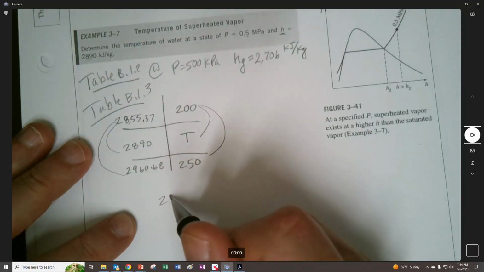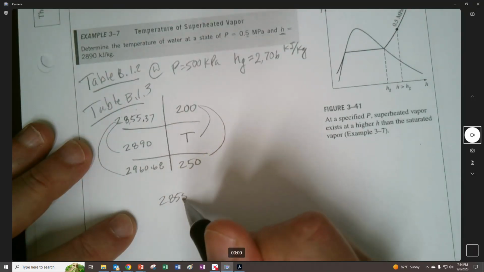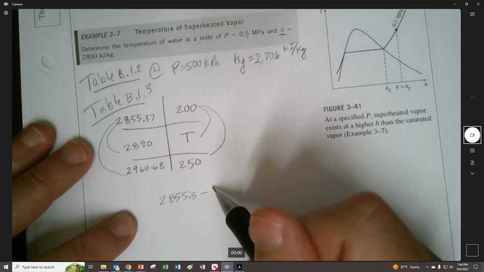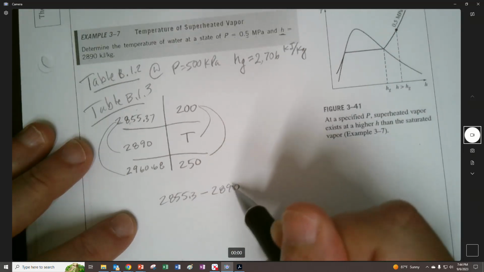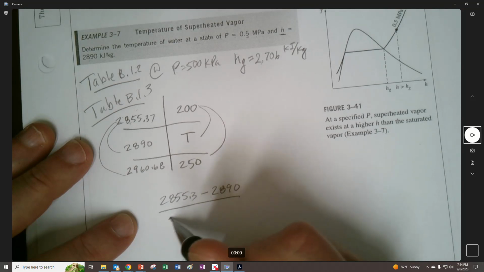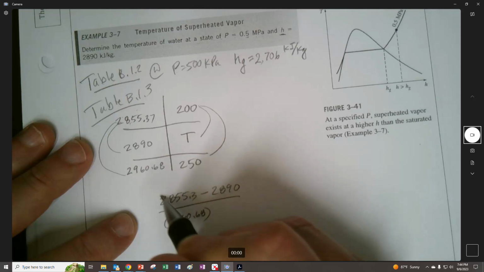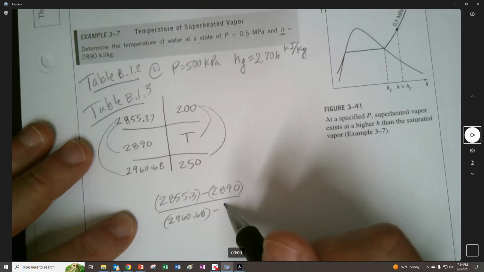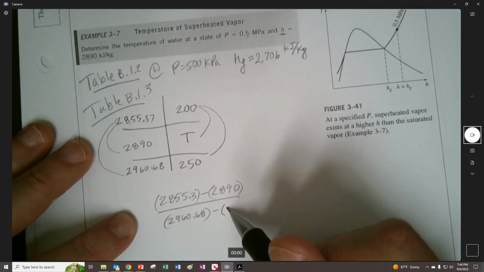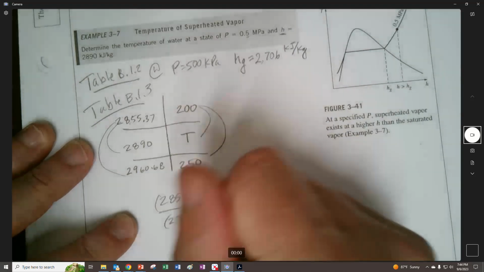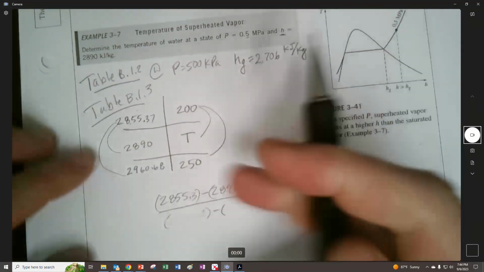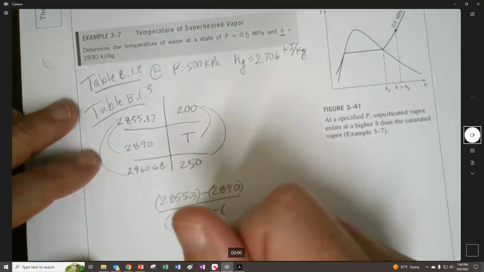this down as 2,855.3 minus 2,890, and then 2,960.68 minus, oops, I'm tired. Needs to be that minus that.